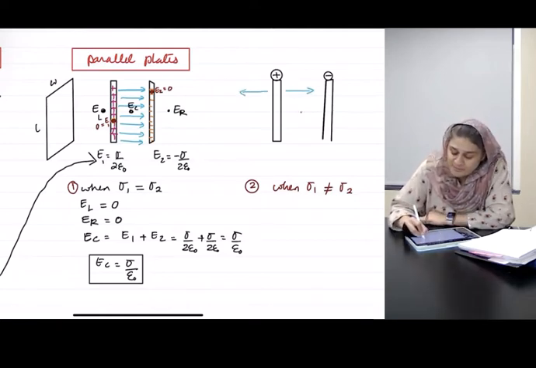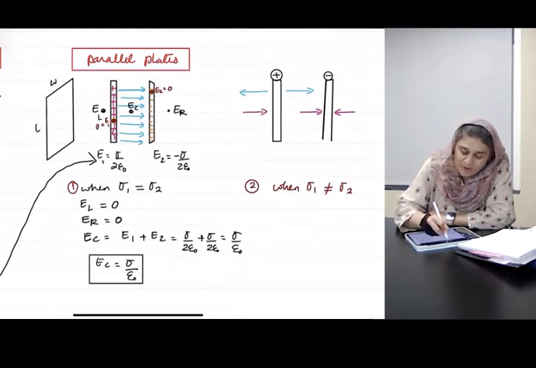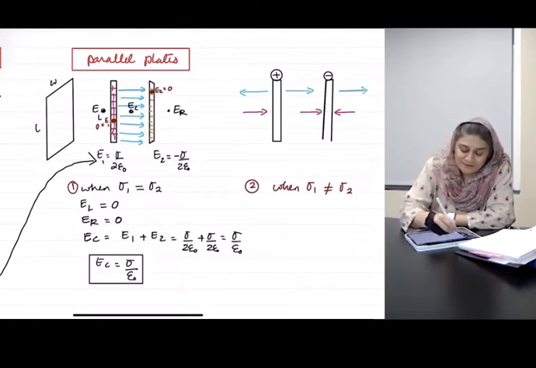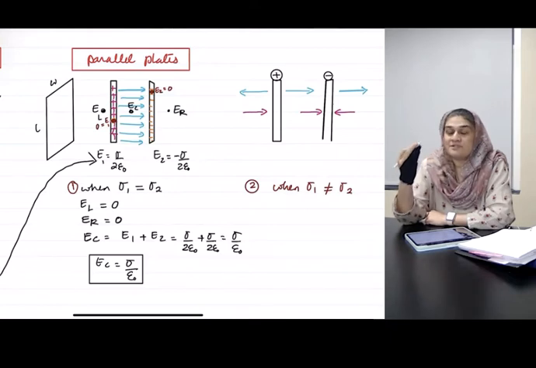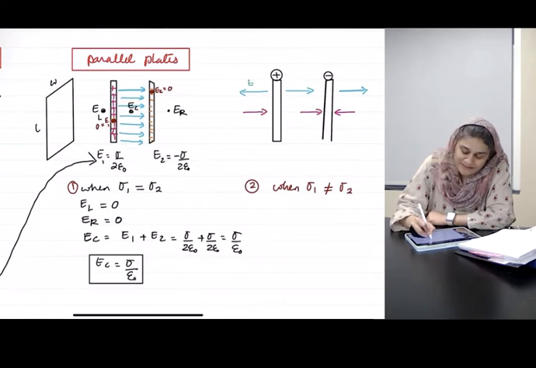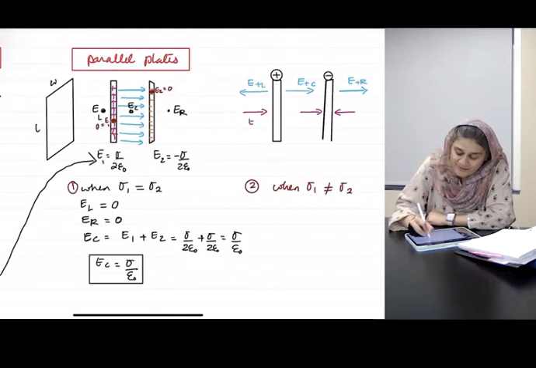Minus is always pulling towards. So E minus will also pull away and towards. Then you will have three different situations: E plus left, E plus center, E plus right, and E minus left, E minus center, and E minus right.